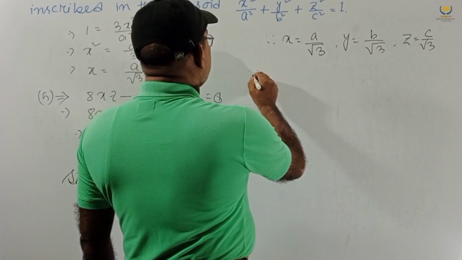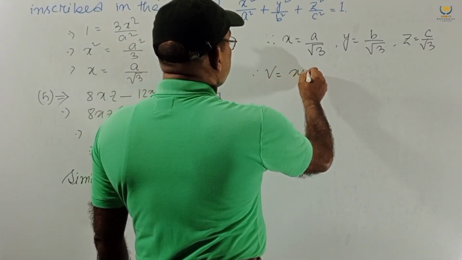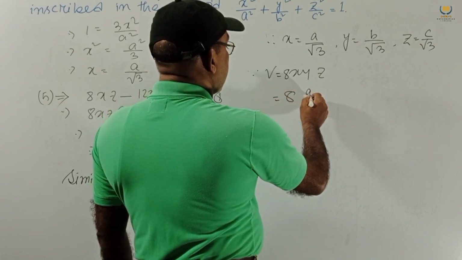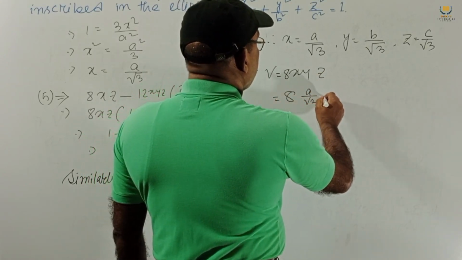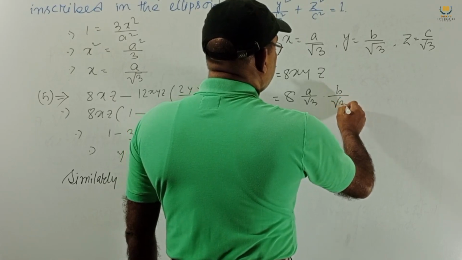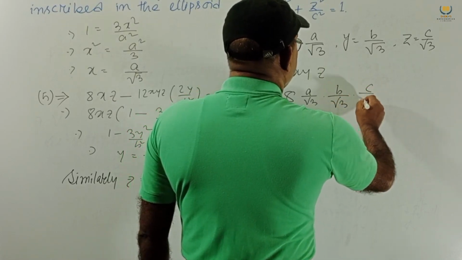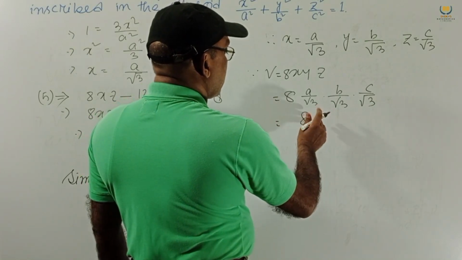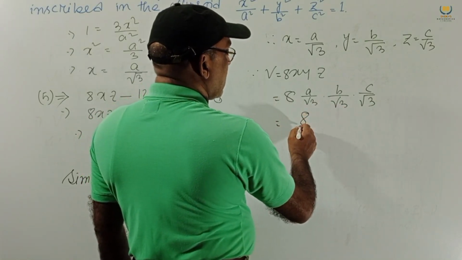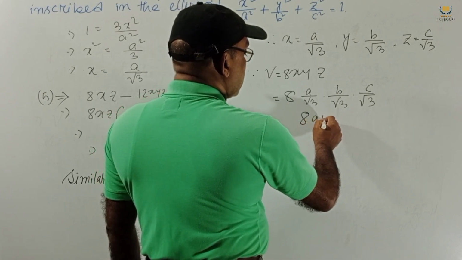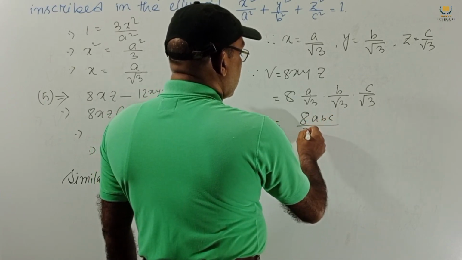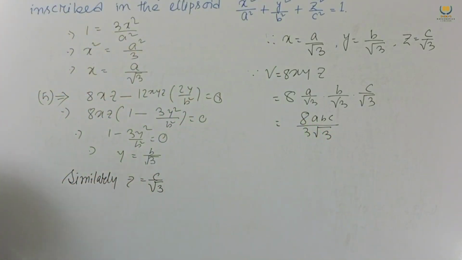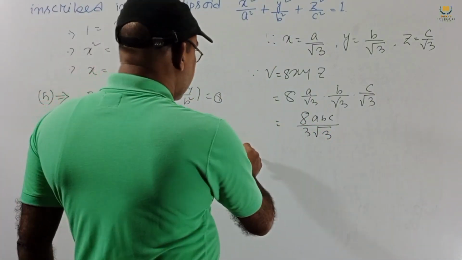Since V equal to 8xyz, x means a by root 3, y means b by root 3, and z means c by root 3. Then this is 8abc by 3 root 3. This is the answer.